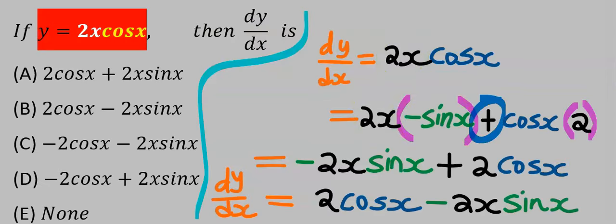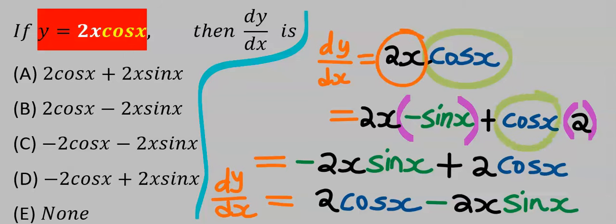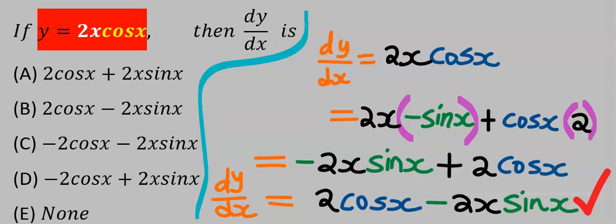Then put a plus. Next, you put cos x constant, differentiate 2x, and your answer is 2. Rearranging the function, this is our final answer, which is option B.